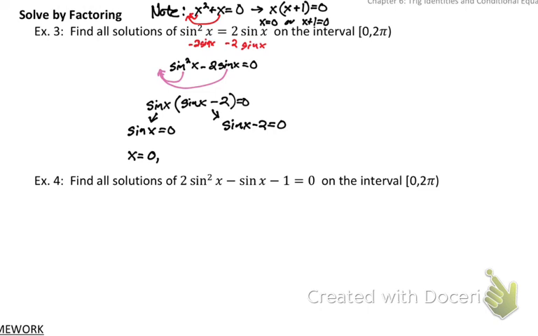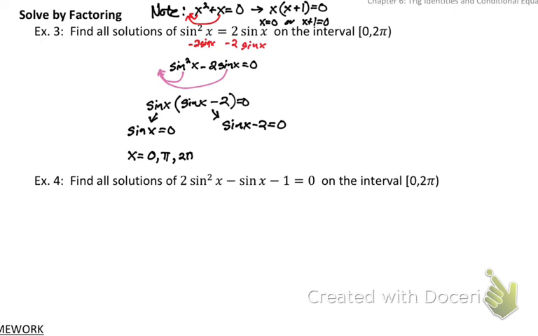0 and pi. Now here's the thing. I'll get some people that answer this, they'll go 2 pi. Well, the sine of 2 pi equals 0. Yes, it would. Why would I not include that in my answers?